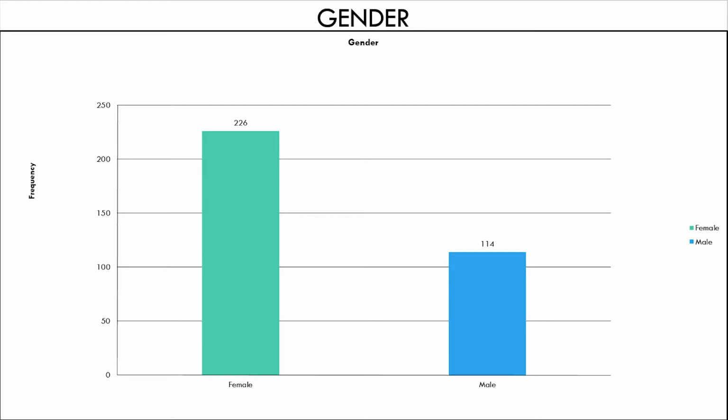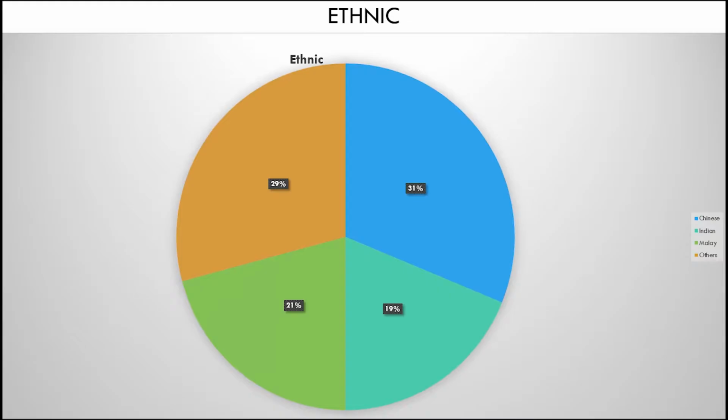This is the graph of gender of SQS students in UAM. As we can see, the female count is 226, while male is 114. That means female is more than male. For the graph of ethnic of SQS UAM students, the highest is Chinese at 31% and the lowest is Indian at 19%.